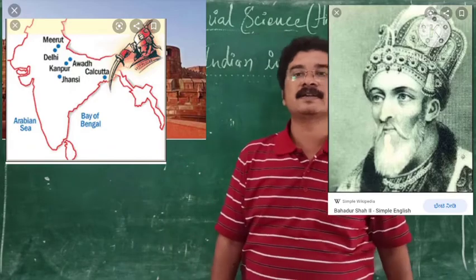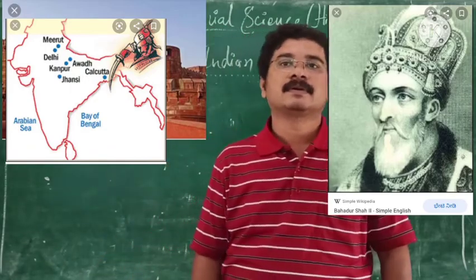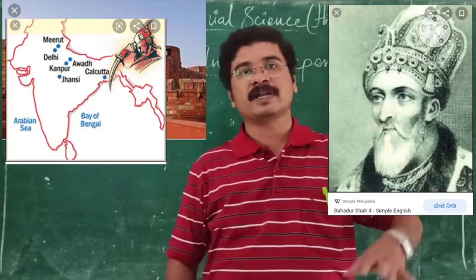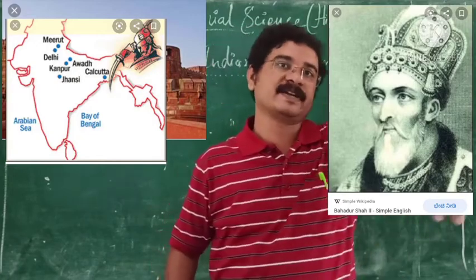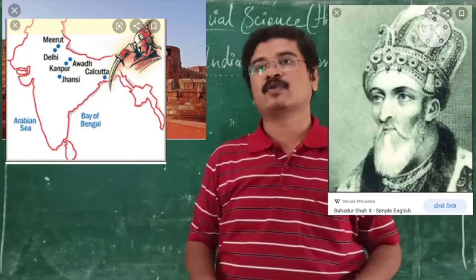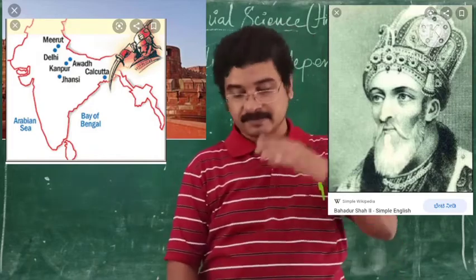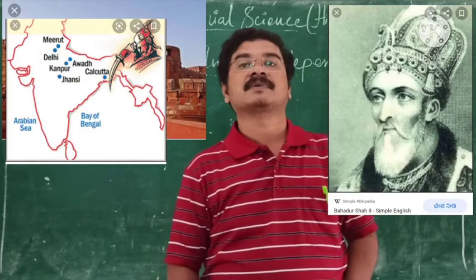Protesting soldiers from different parts of India reached Delhi and gathered around the Red Fort. Consequently, the protest became serious.